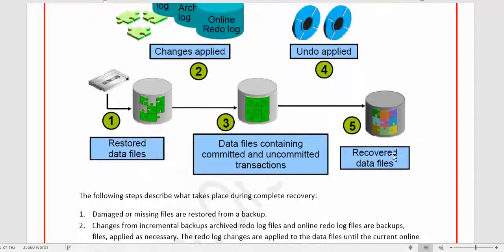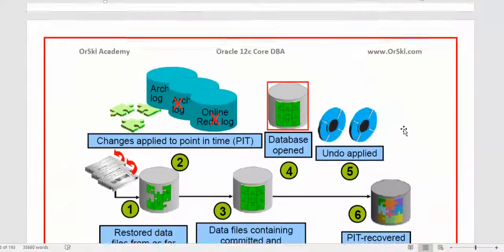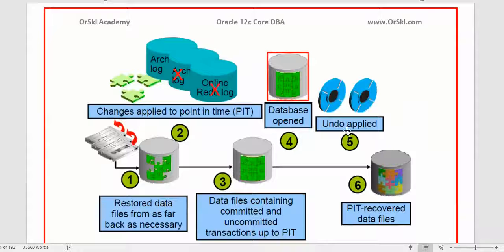And if you are doing this until the last second the database crashed, it is called a complete recovery. Now if it is an incomplete recovery, there will be something different. That means you restore only the backups that are necessary, and you only roll forward all the transactions until a specific timestamp.